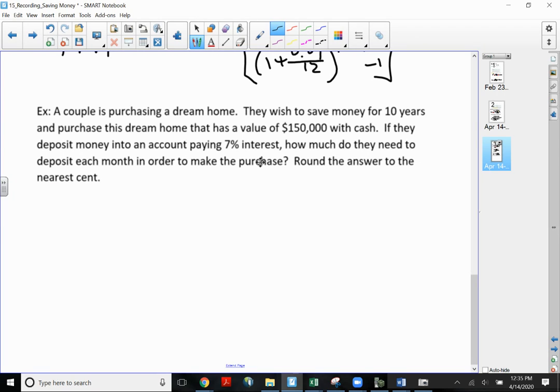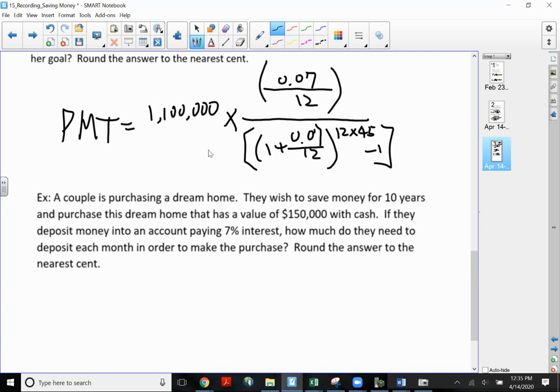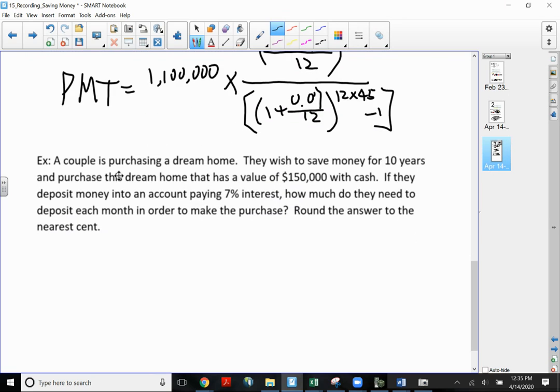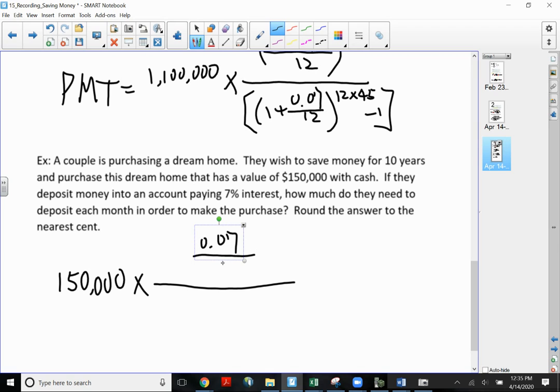All right, so here we go. $150,000 times 0.07 divided by monthly, right? Whole thing over 1 plus 0.07 divided by 12.